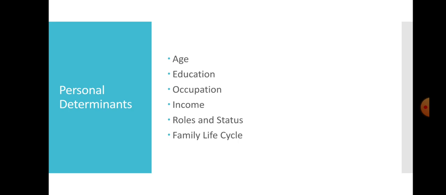Then comes the full nest 1, 2 and 3. With the level of fullness, the financial position of the consumers keeps on increasing, and accordingly the purchasing intensity of the consumer will also increase. Then comes the stages of empty nest 1 and 2, when the children of the family depart or settle somewhere else, leaving their parents behind.